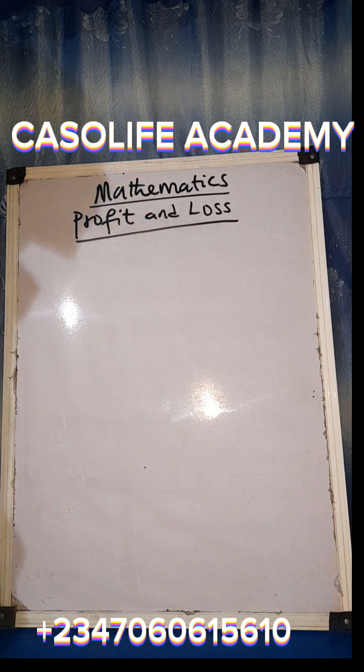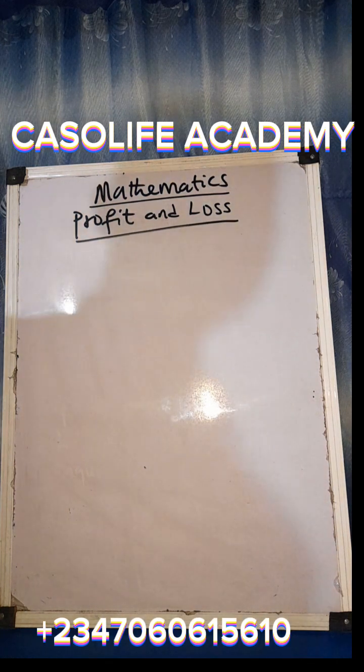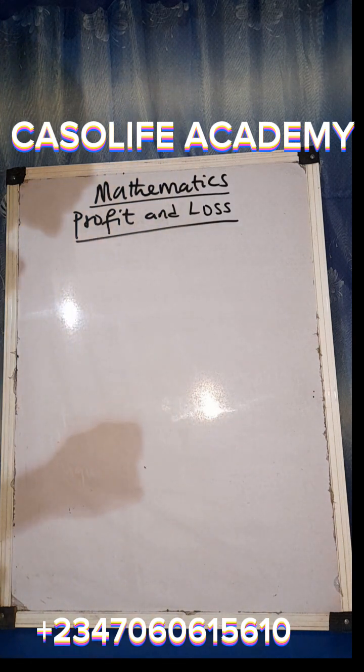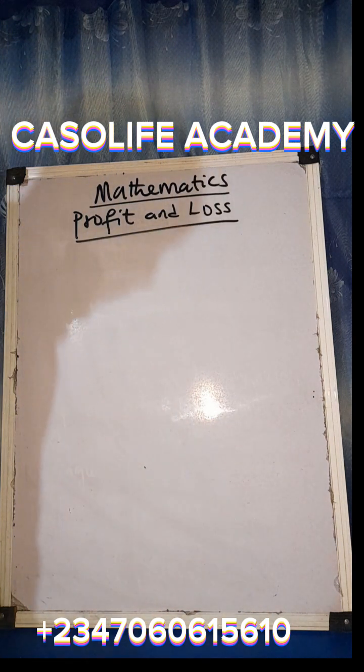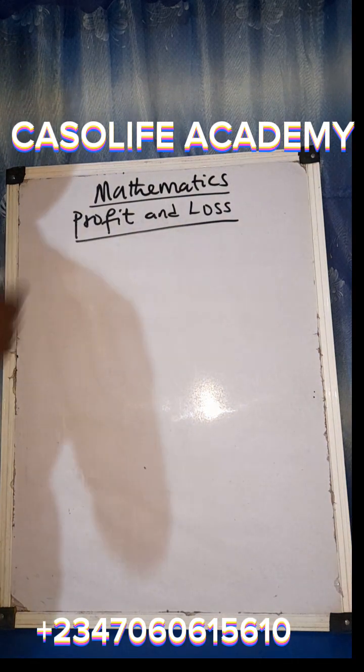Now, when a merchant or a businessman or a businesswoman buys goods to sell, the primary purpose of buying those goods to sell is to make what is called profit.